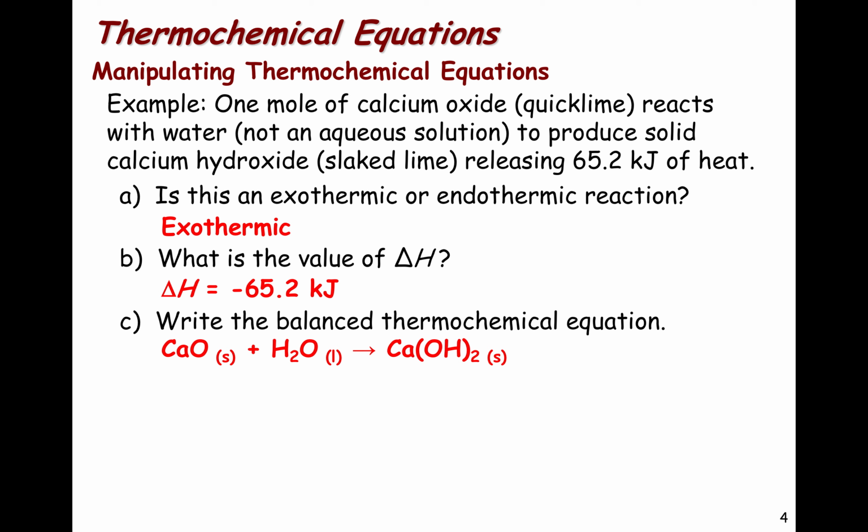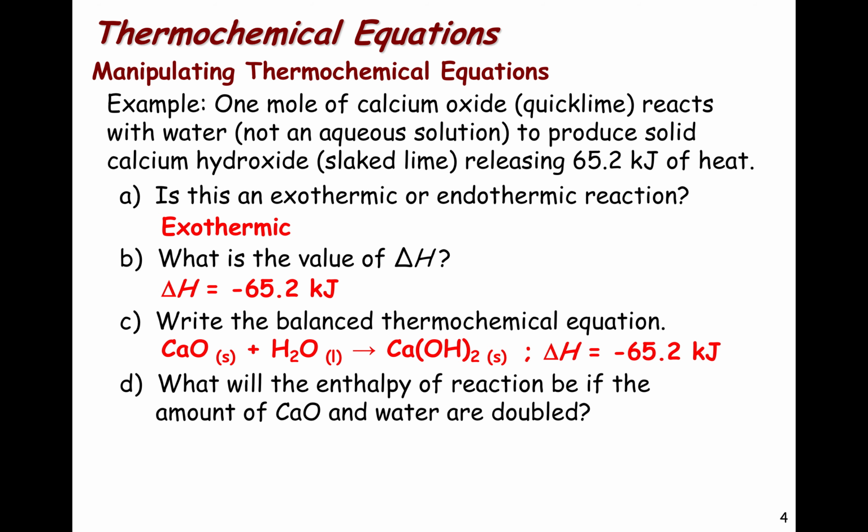Now we have to make sure that the reaction is balanced, and so we see that we have 2 oxygens on the left-hand side. There are also 2 oxygens on the right-hand side, and likewise there are 2 hydrogens on the left and 2 hydrogens on the right, so it is balanced. And the delta H is included as being the negative 65.2 kilojoules per mole.